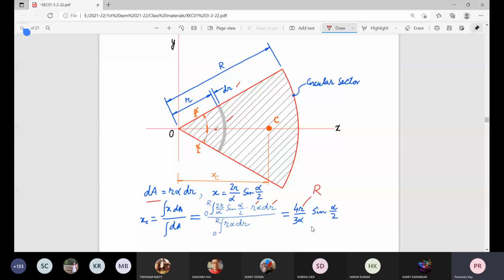Once we consider this triangle, then at this 2/3 location, we have the centroid of this area element. So this is the x distance for the element.